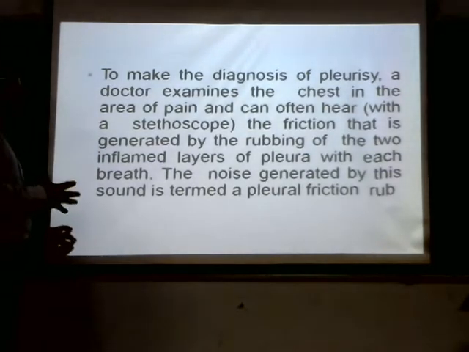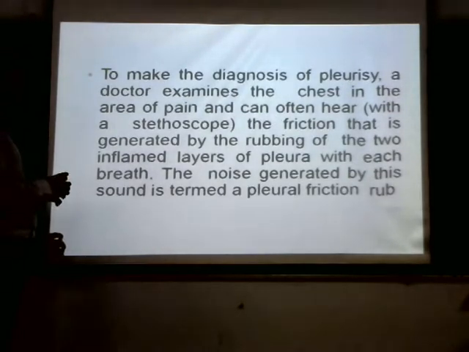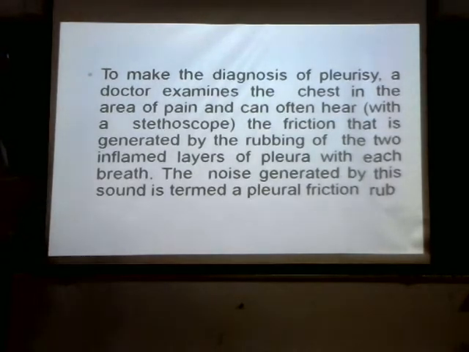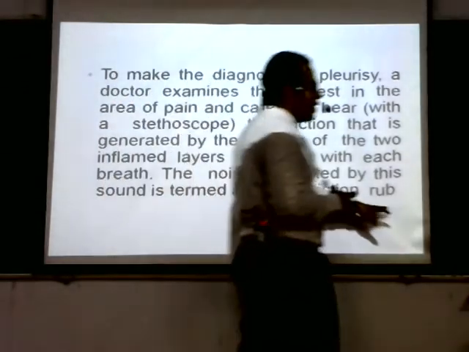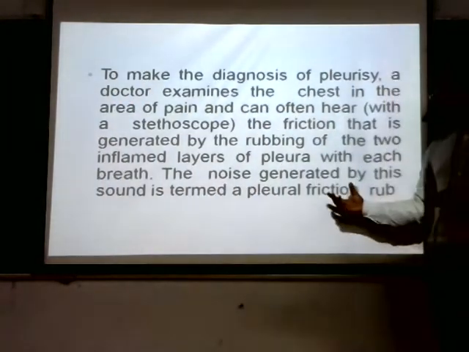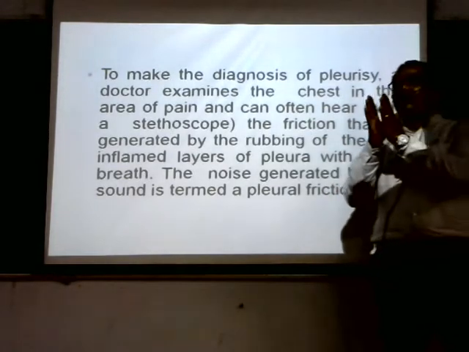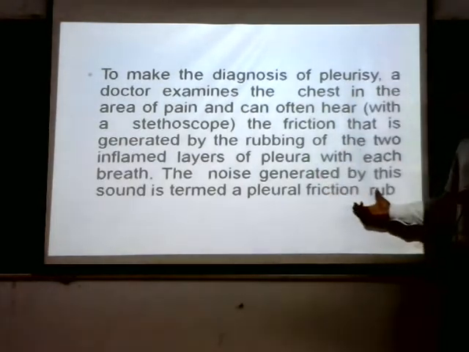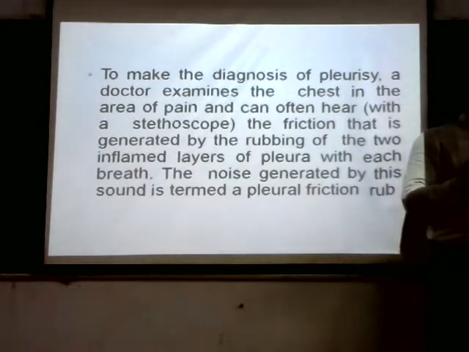We hear a friction rub that is generated by the rubbing of the two inflamed layers of pleura with each breath. The noise generated by this is termed pleural friction rub. This is a characteristic sound: two inflamed membranes rubbing against each other produce a sound which is termed pleural friction rub.